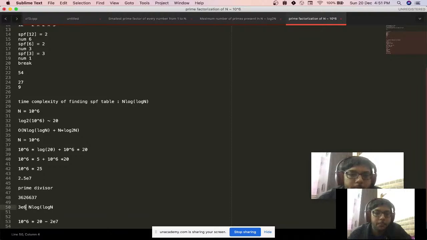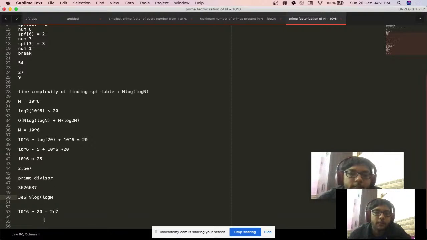But this is coming out much less. It is coming to be 3e6. So what is n log n? That is around 5e6, because for log of 20 I am taking 5, but it's maybe 4 or 5. So let's take it as 4. So it's much closer to n log n. So the time complexity is still n log n.